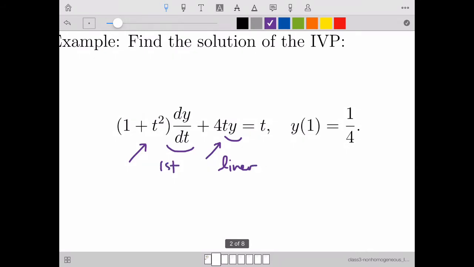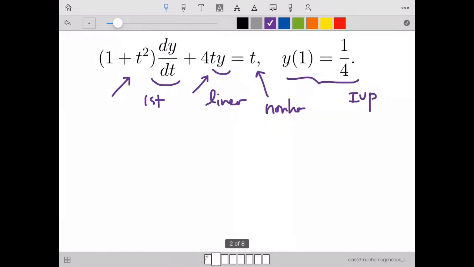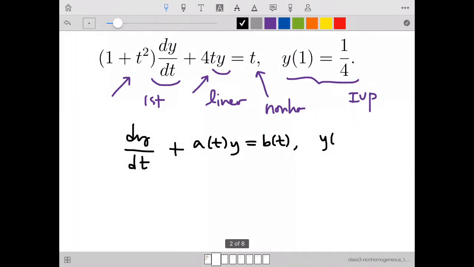First order, linear. b(t) is not identically 0, so it is non-homogeneous, and because of this, we have an IVP. So we want to write this into standard form to apply the formula: dy/dt plus a(t)y equals b(t), y at t0 equals y0.